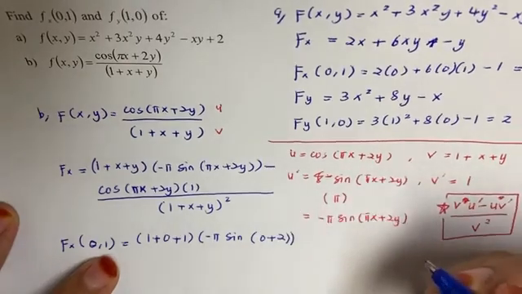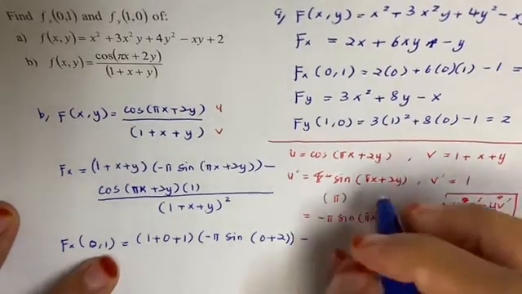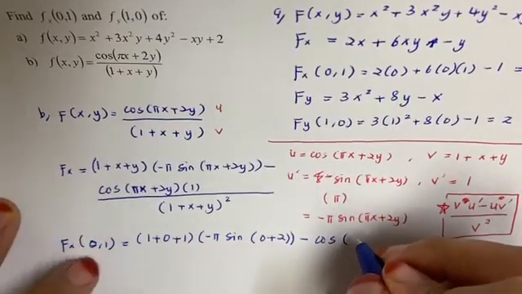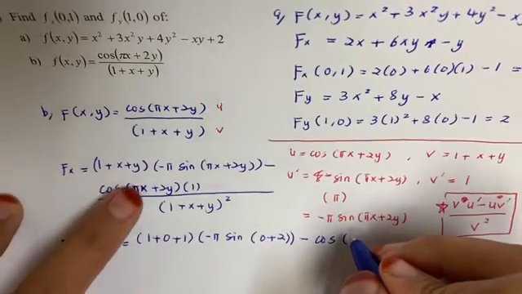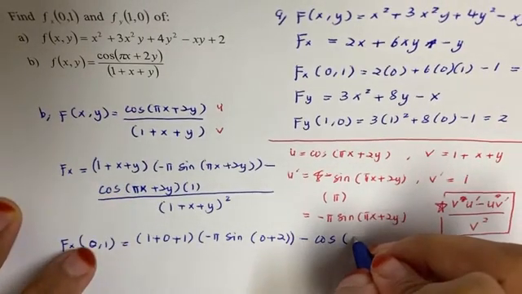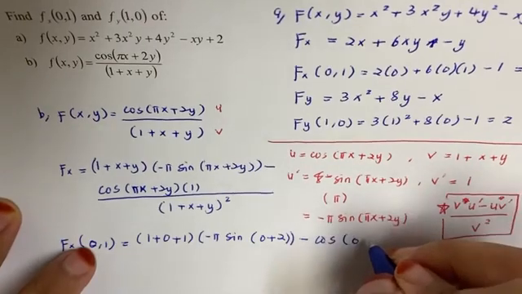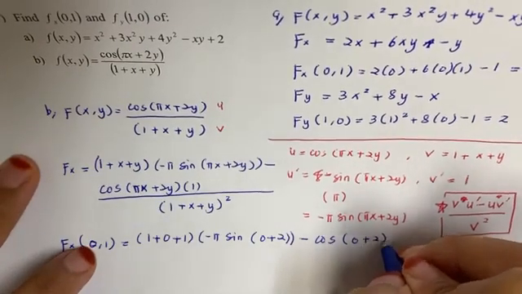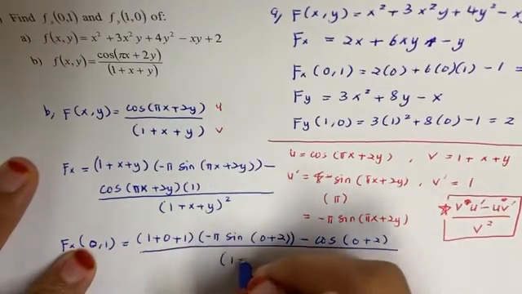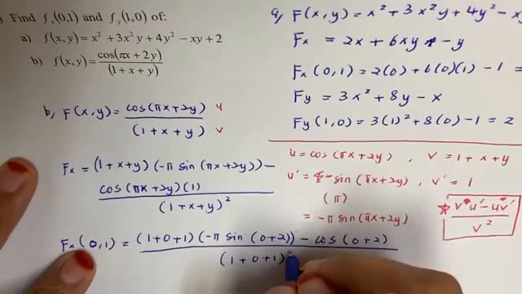Okay. Then minus cos pi x. Sorry, this is it. This one, pi x. Yes, pi x. x is 0, so 0 here plus 2 multiplied by 1, divided by 1 plus 0 plus 1 squared.